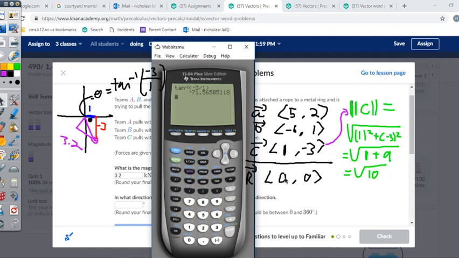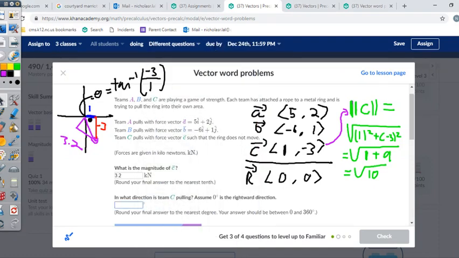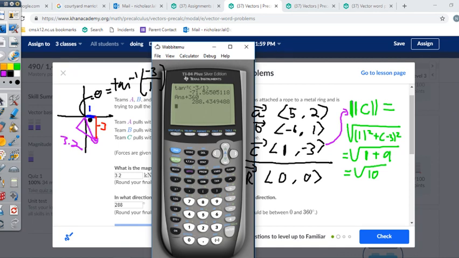But it has to be an angle between 0 and 360. So instead of starting at 0 and subtracting 71 degrees, you could also add 360 to it to get your answer in quadrant 4. That's going to be 288.43, so that's going to just stay at 288.